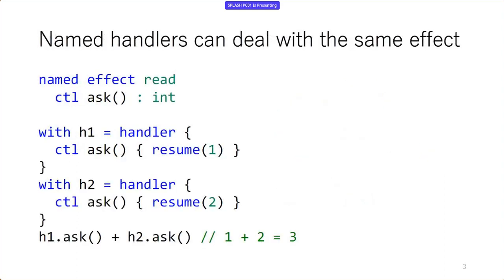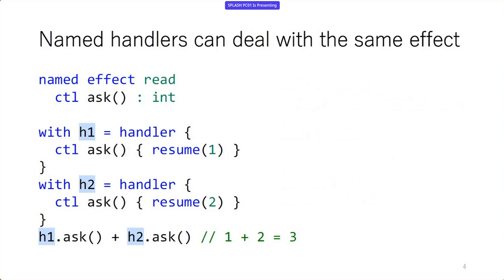When effect handlers are extended with a name, we can further program with different instances of the same effect. As an example, if we want to maintain two read-only states, then we install two named handlers, H1 and H2, and then when we perform an operation call, we select one of those handlers.